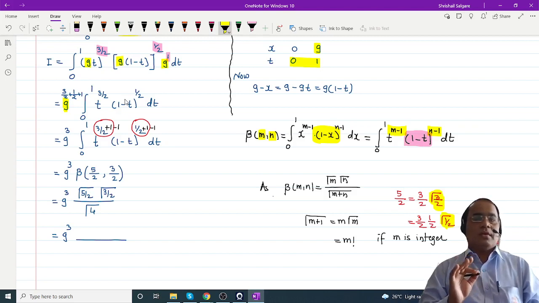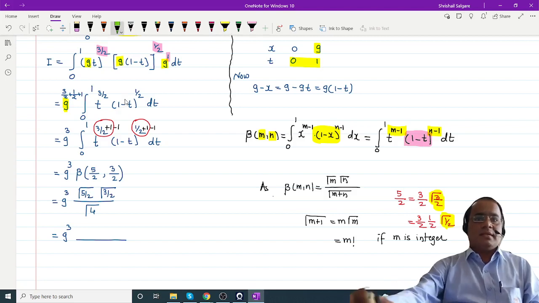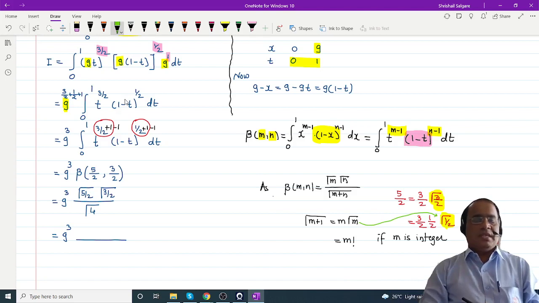No. What I am asking is, suppose this property gamma of m plus 1 is m gamma m, still I am applying for this gamma, and you reduce that number by 1, what will come? Minus 1 by 2. Yes, that is the answer. When you are getting that number as negative, you have to stop. Don't apply that property if, when you reduce the parameter, you get a negative.